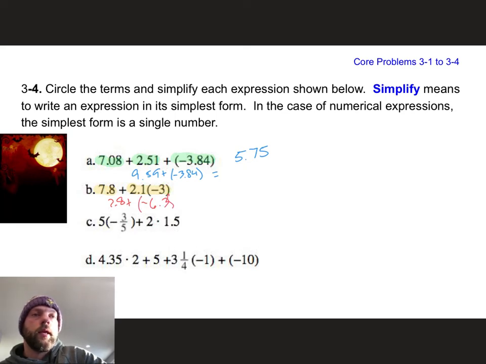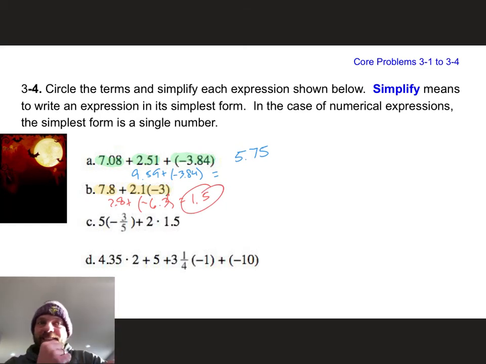So then I'm going to add those 2 together, and I end up with a negative 1 point. Oops, sorry. That's not a negative, that's positive because I have more. So 1.5 is my answer there.